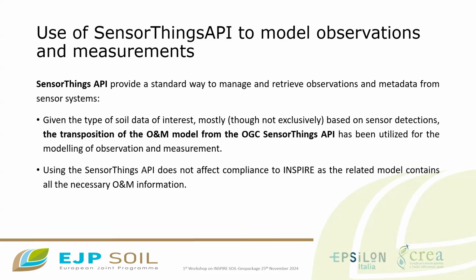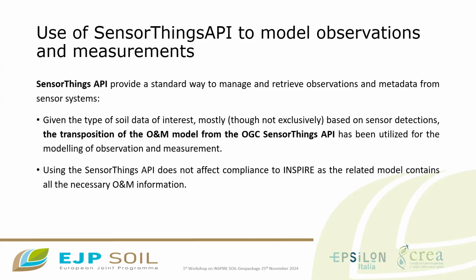Using the Sensor Things API does not affect compliance to INSPIRE, so it is INSPIRE compliant. This is because the related model, the Sensor Things API, contains all the necessary O&M information required by INSPIRE. There is no information loss.